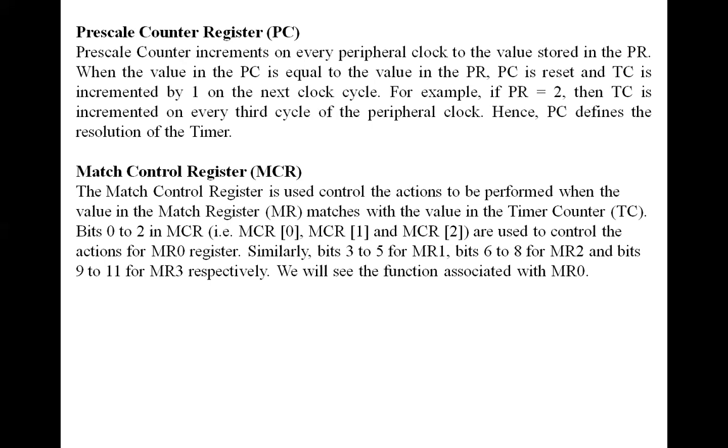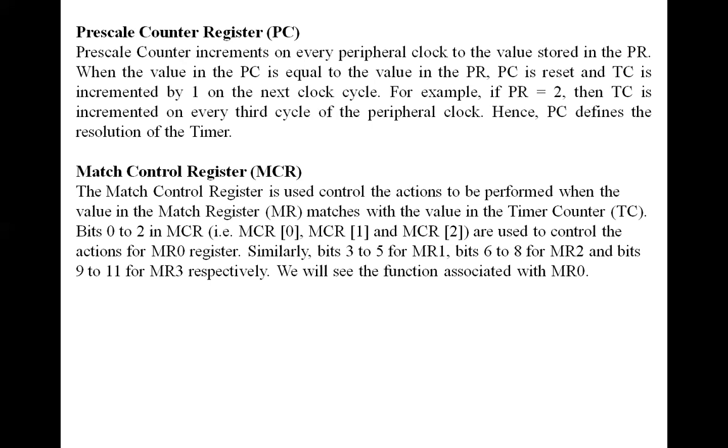Here bits 0 to 2 in MCR are used to control the action for the MR0 register. Similarly, bits 3 to 5 for MR1, 6 to 8 are used for MR2, and bits 9 to 11 are used for MR3.